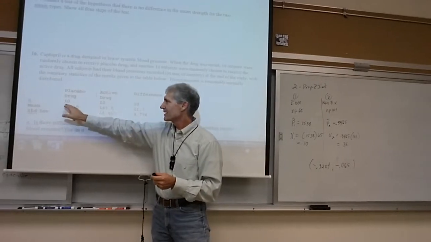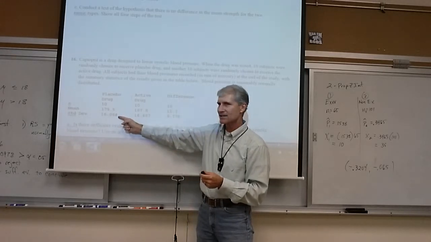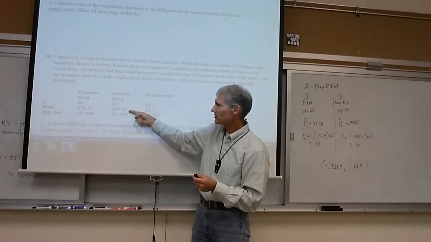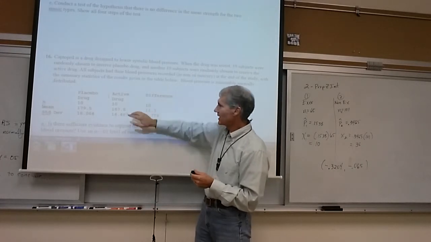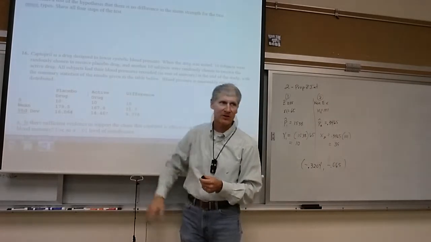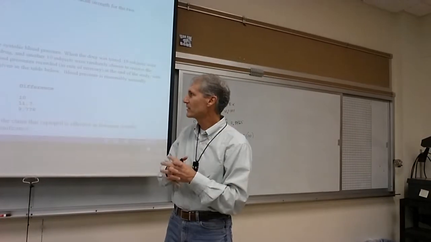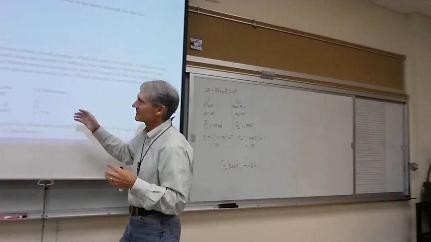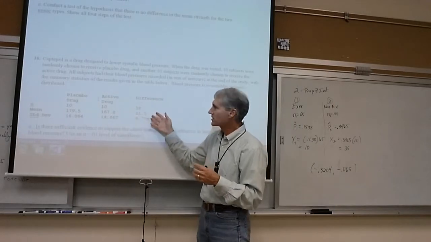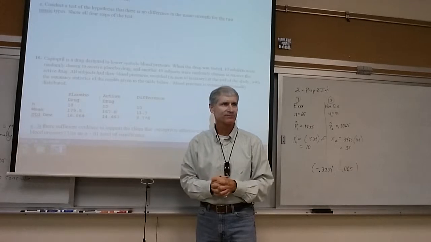You're going to use N1, X bar 1, and S1, and then N2, X bar 2, and S2, and you're going to ignore the differences. Again, the differences is only there to see if you will bite on paired data. Right? So that's the only way I have to test whether you know how to choose the right procedure, is to give you everything you need for whichever one you choose. Right?